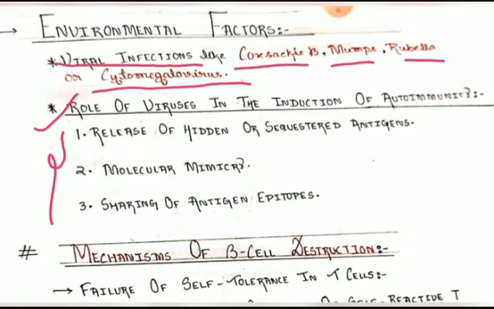The first mechanism is the release of hidden or sequestered antigens. What happens? Normally the beta cell antigens are hidden or sequestered within the islet cells.